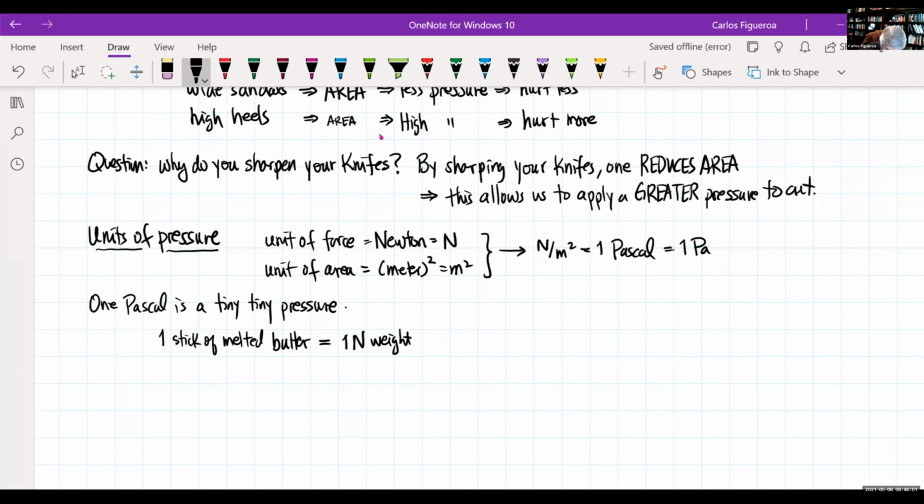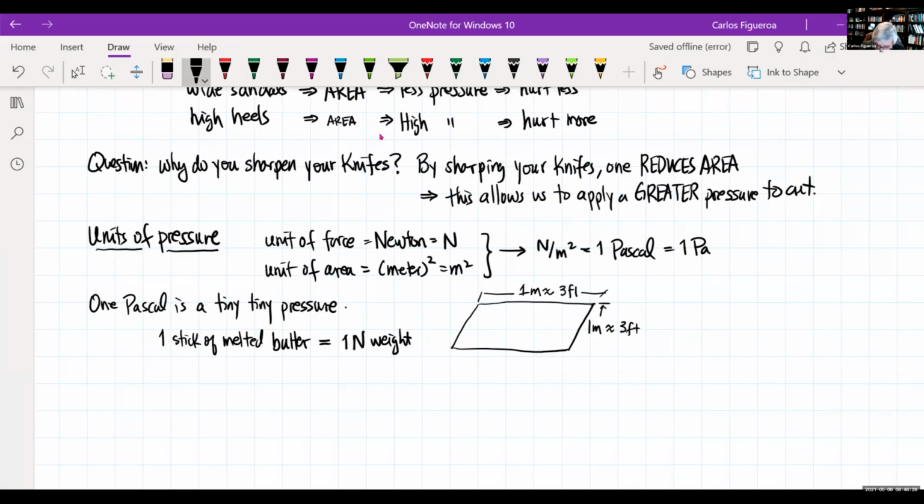And now imagine that you have a table here. We'll say that this side is about 1 meter, which is about 3 feet. And then this side is about 1 meter, which is about 3 feet.